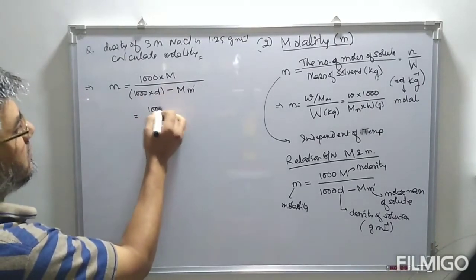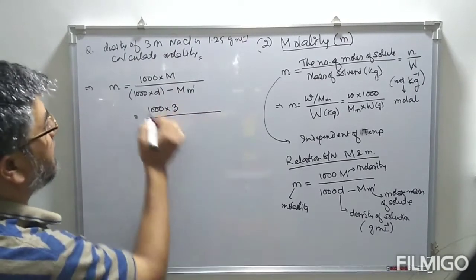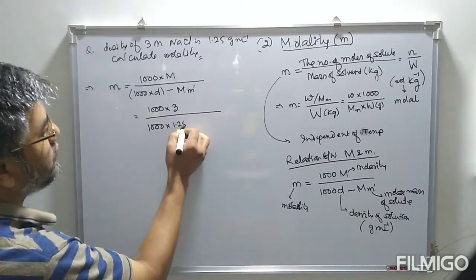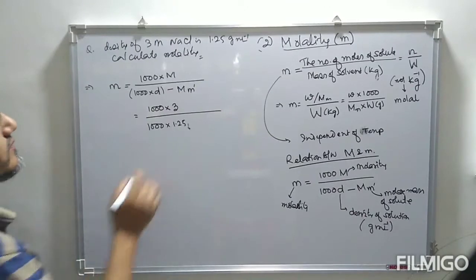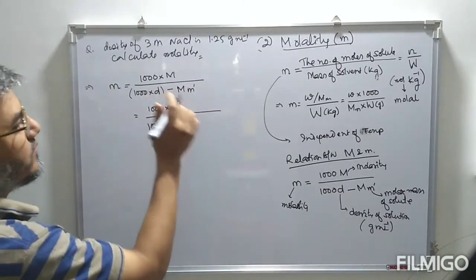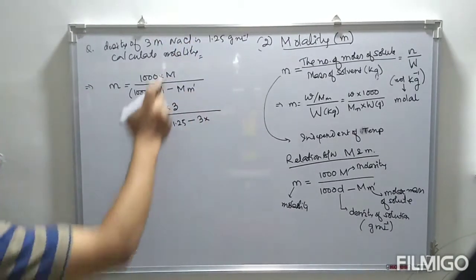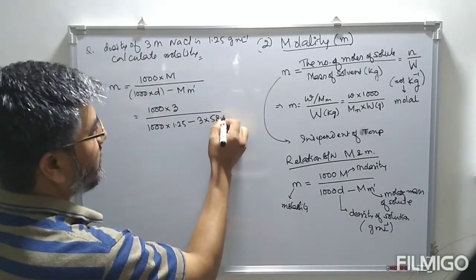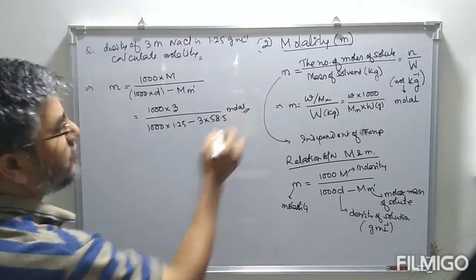So 1000 into molarity, molarity is 3. Density, 1000 into 1.25 gram per ml, minus molarity 3 times the molar mass of NaCl. Sodium is 23, chlorine is 35.5, so this comes out to be 58.5. So this is the molal value.